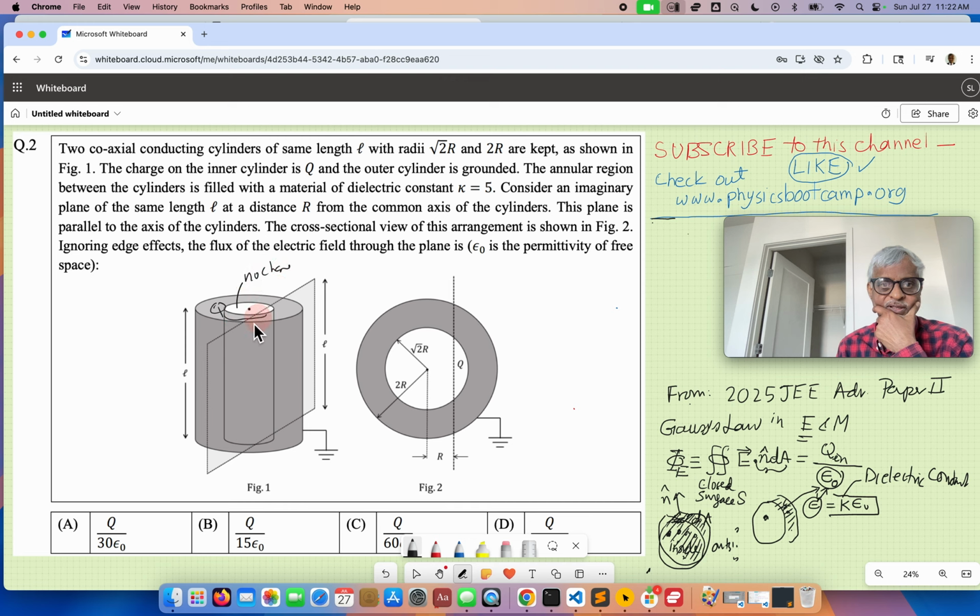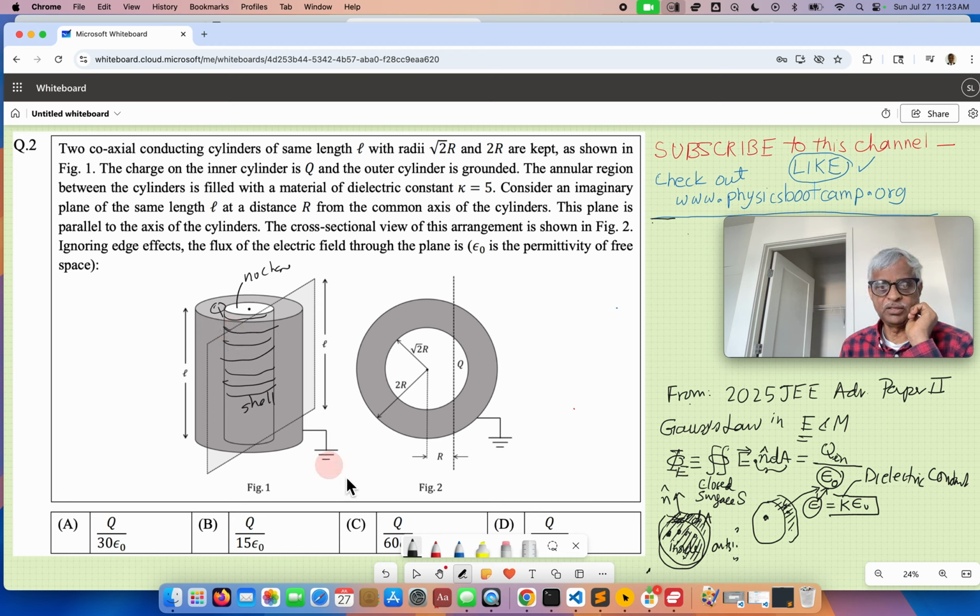You have this cylinder, you can say a shell, and there's a charge Q on it. If it's conducting, all the charge is on the outside of that. It can also be a regular filled-in cylinder, but there's no charge inside.